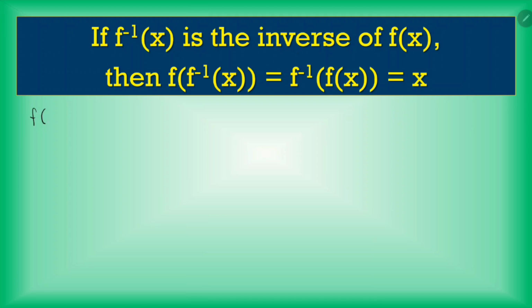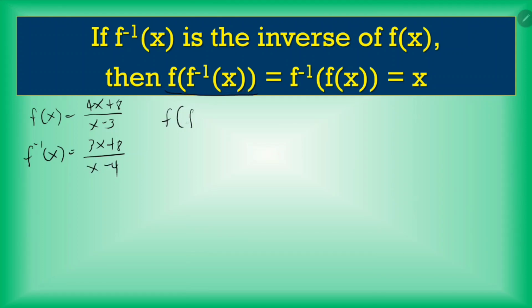Ang given natin ay f of x equals 4x plus 8 all over x minus 3. And then, yung na-solve natin, na inverse niyan, is 3x plus 8 over x minus 4. So, we can try using this one. I-verify natin.